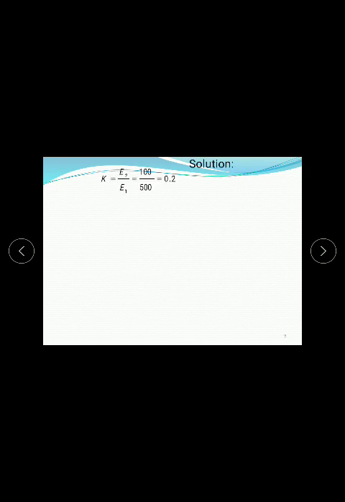The transformation ratio is K. The transformation ratio K equals E2 by E1, where E2 is 100 volts and E1 is 500, so 100 by 500, that is equal to 0.2. So K, the transformation ratio, is 0.2.